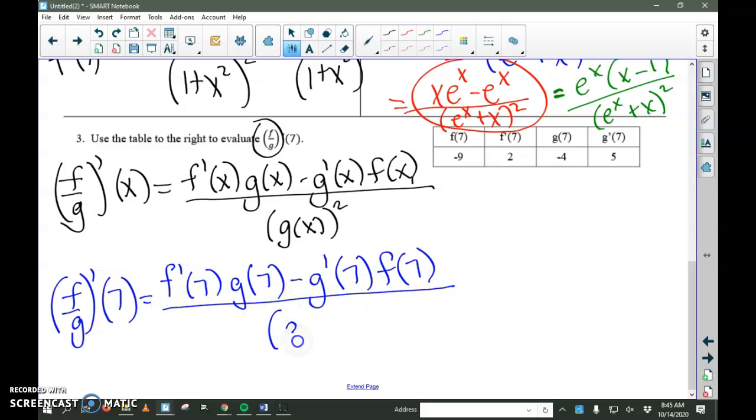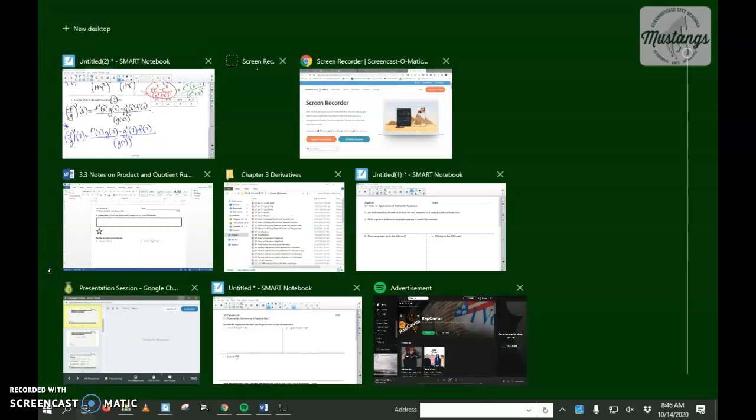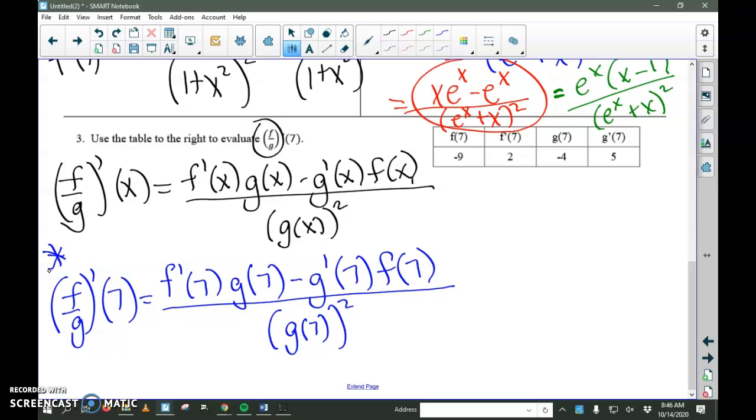If you understand that anytime you write f or g, or f prime or g prime, and you're evaluating specifically at 7, that you fill the x in with 7, you can jump straight here. Okay?